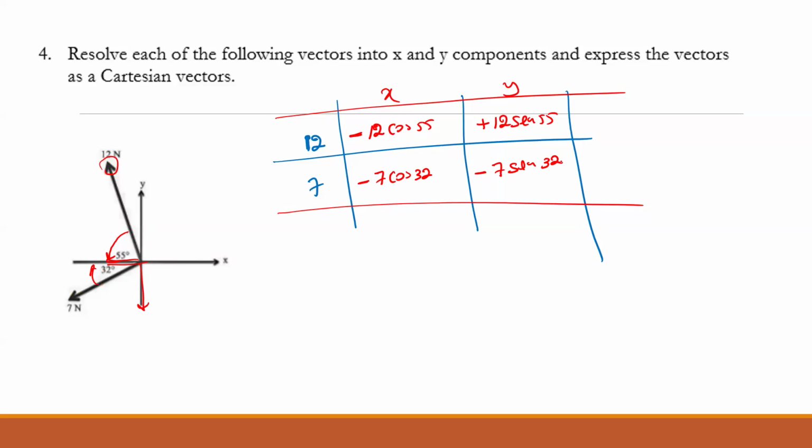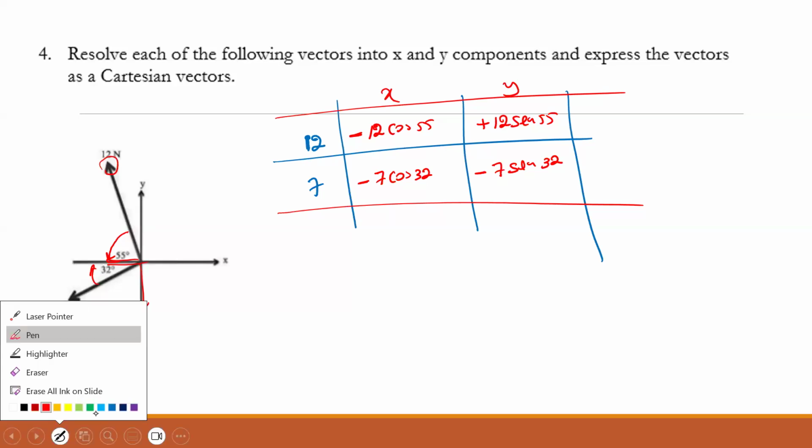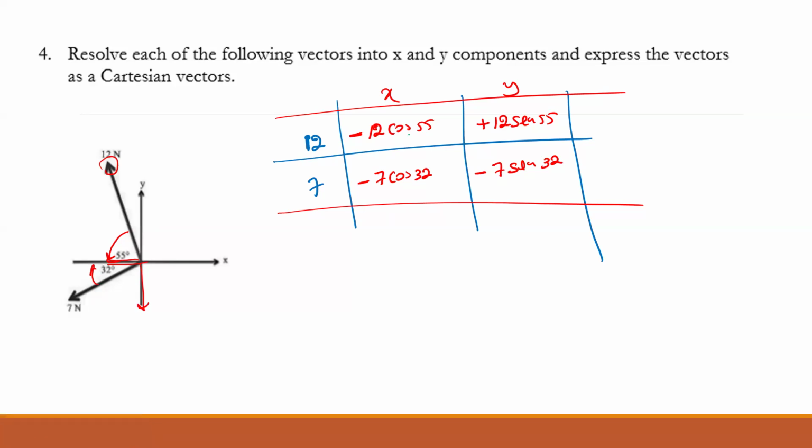So we can find these values now. 12 cos 55 is negative 6.88. 12 sin 55 is 9.83. And then we have 7 cos 32, which is negative 5.94.